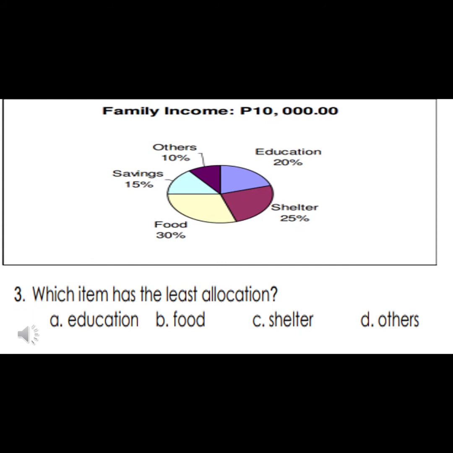Which item has the least allocation? Okay, if you look at the graph, we find others has the least allocation of only 10%.